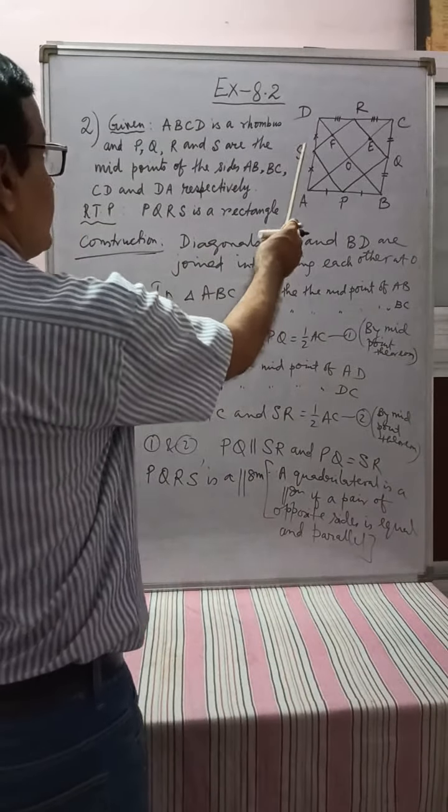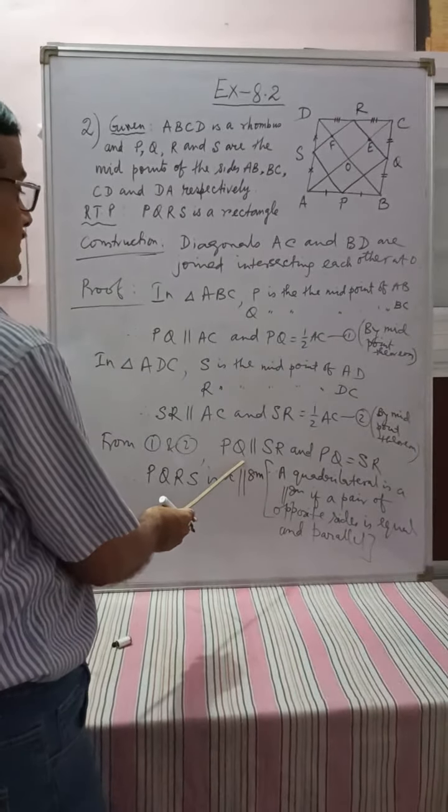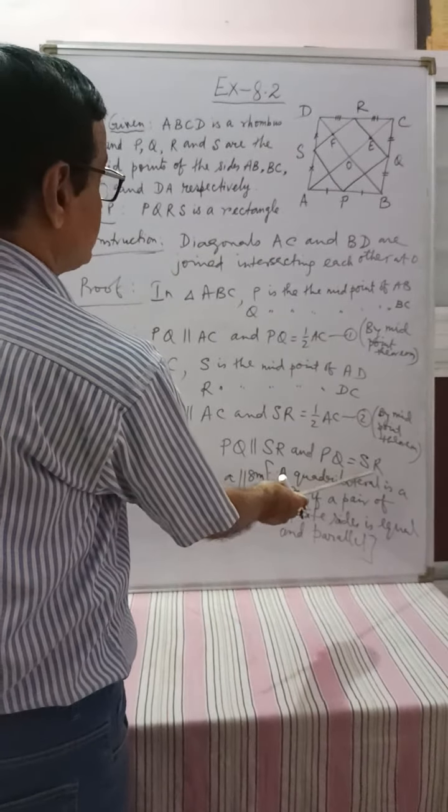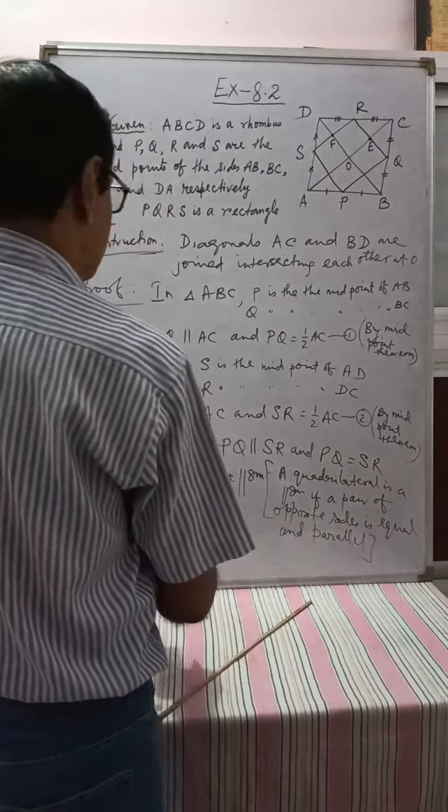So PQ is equal to SR, PQ is parallel to SR, therefore PQRS is a parallelogram.